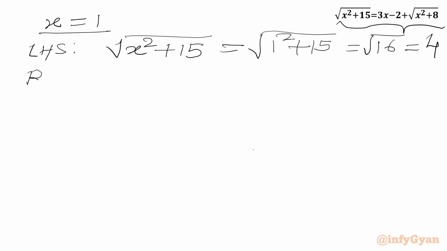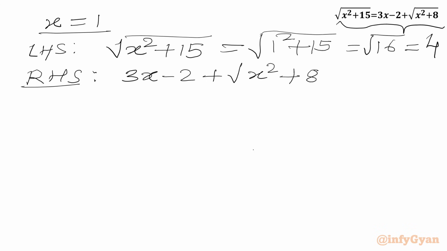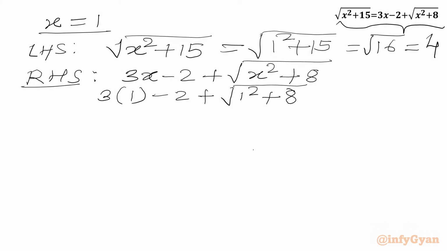Now we will check the RHS. The RHS will be 3 times x minus 2 plus square root of x square plus 8. After plugging in x equal to 1, we will get 3 times 1 minus 2 plus square root of 1 square plus 8, which will give us 3 minus 2 plus square root of 9, which will be equal to 1 plus square root of 9, which is 3.